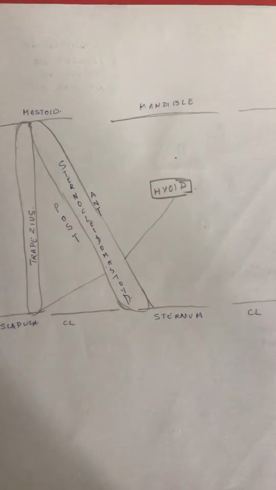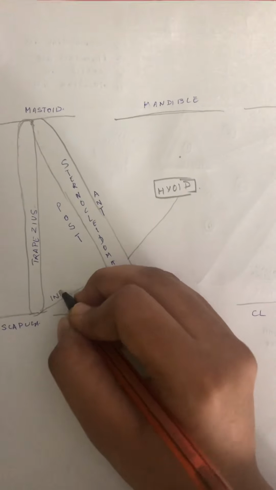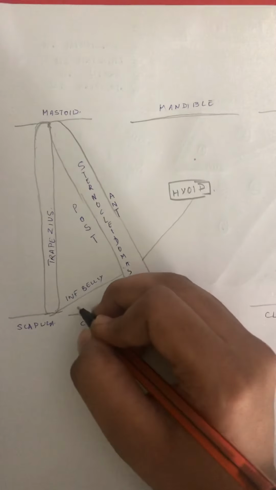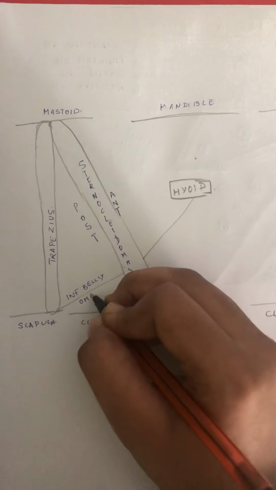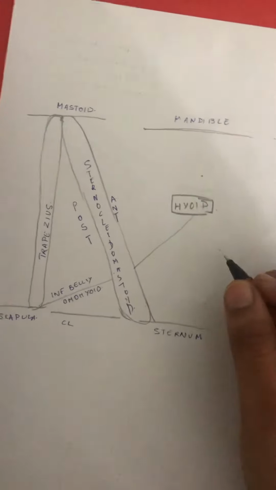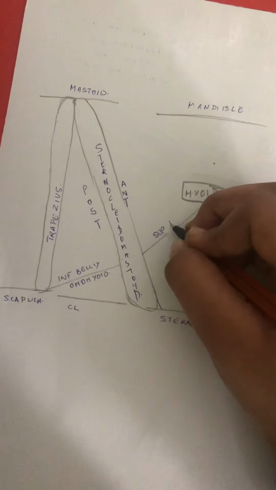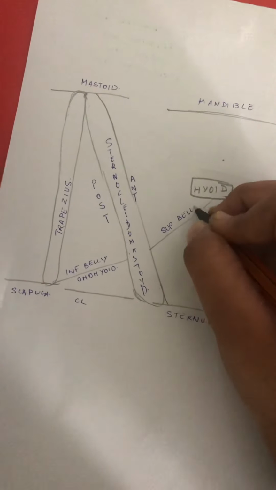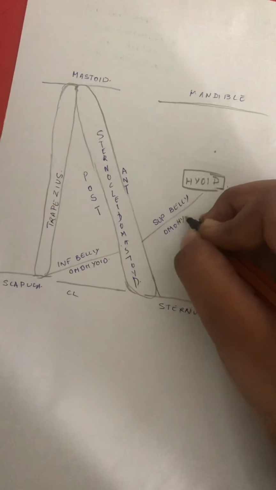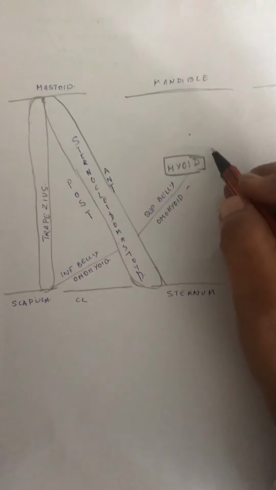So this is the inferior belly of omohyoid, and this is the superior belly of omohyoid. Omohyoid. Omo is for scapula, hyoid is the hyoid bone.